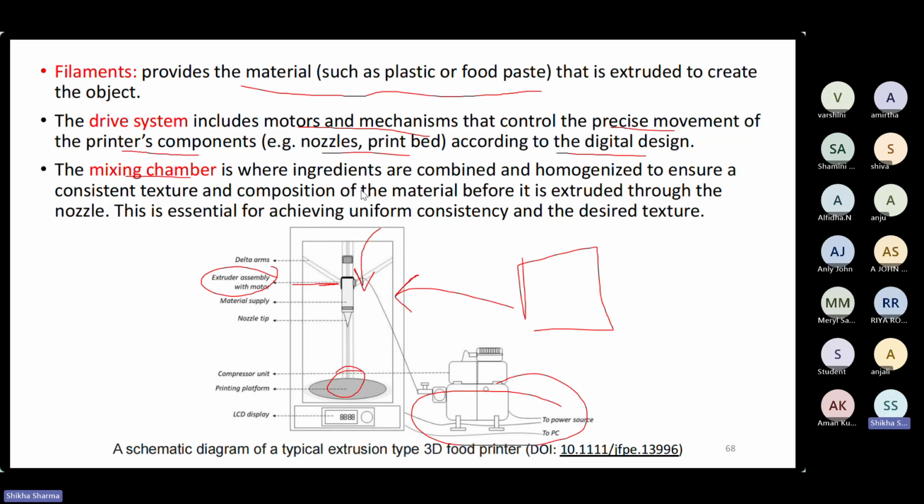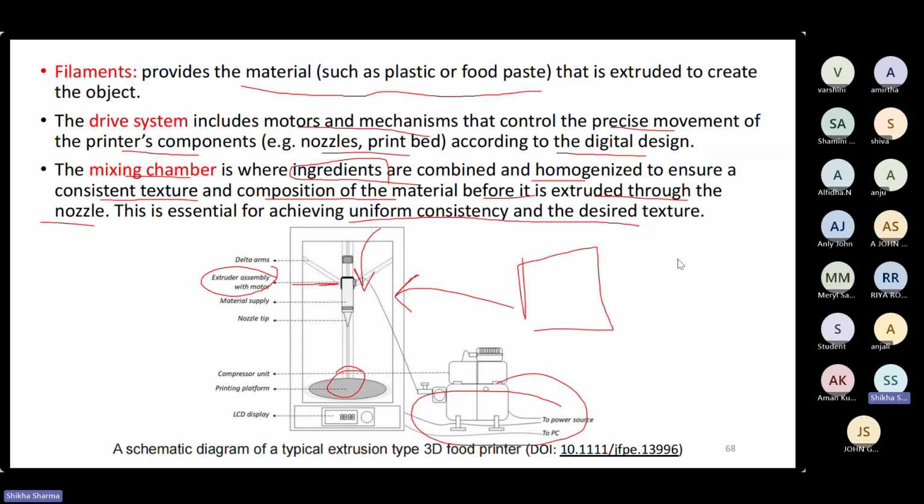Then the mixing chamber is where the ingredients are mixed and homogenized to ensure the proper texture, consistency, and composition of the materials before they are extruded through the nozzle. This is essential for achieving uniform consistency and the desired texture.